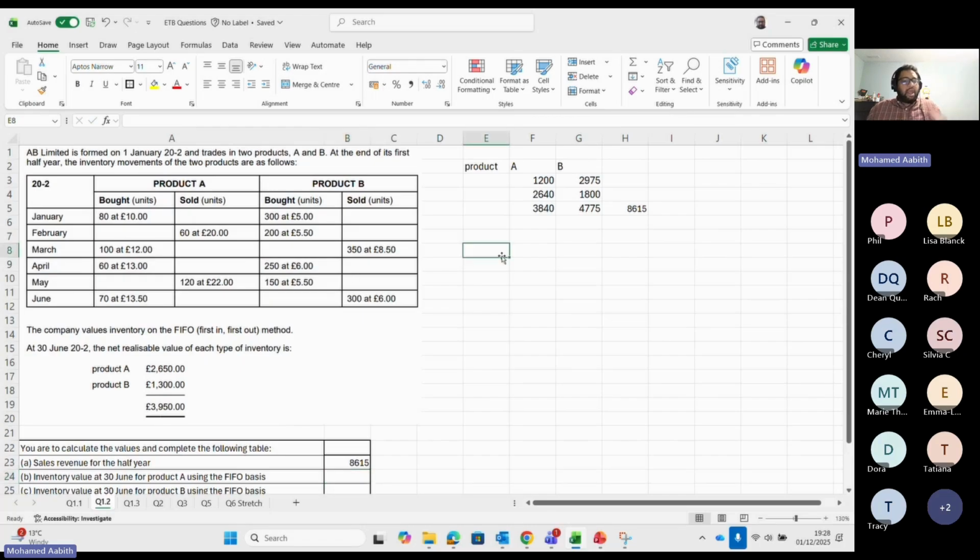If I'm using FIFO, let's put it this way, product A. Initially, let's say here, purchases, and then balance. We purchased 80 at £10. So what is the balance now? It's going to be 80 items.